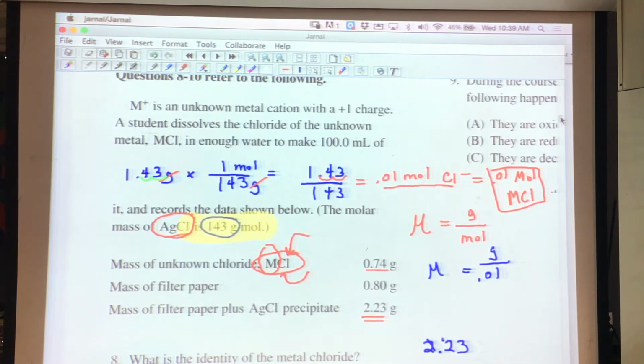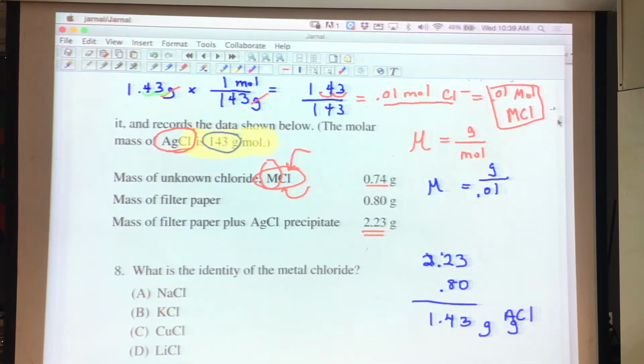What are your thoughts at this position? Don't take out a calculator, okay? You have the moles of your MCl, right? Okay, right here. That's what we just did here. And what do we know? Oh, we have the what? We have the grams.